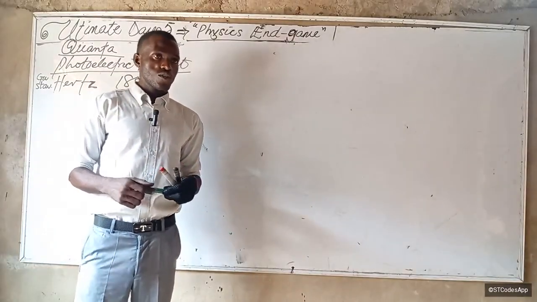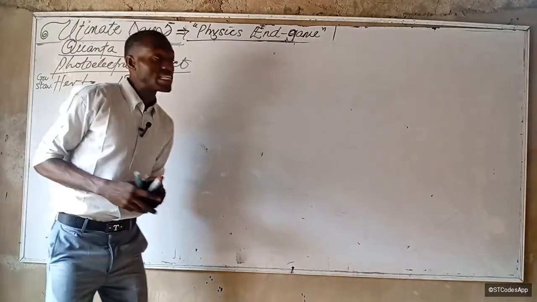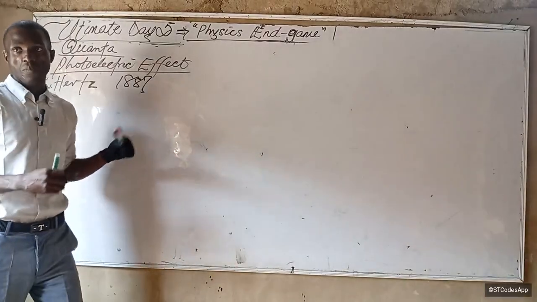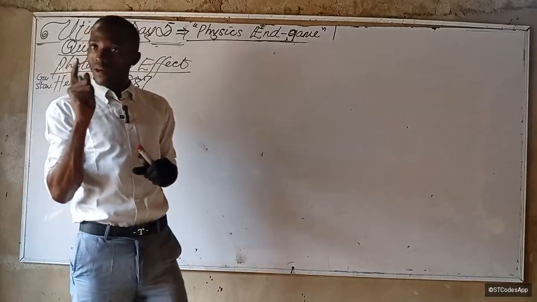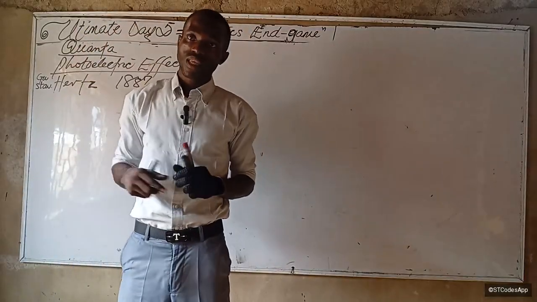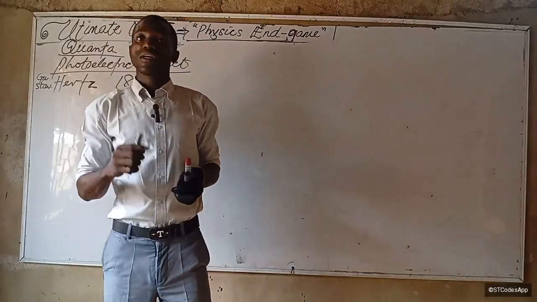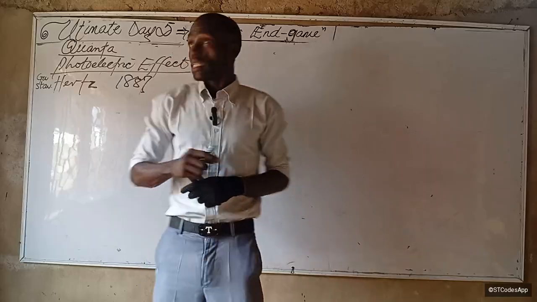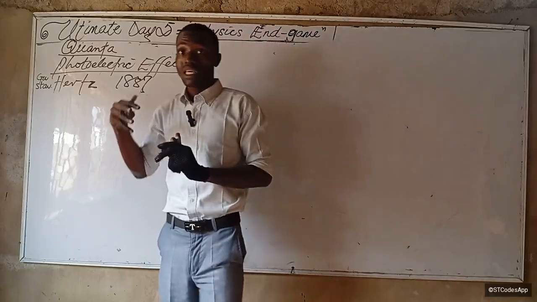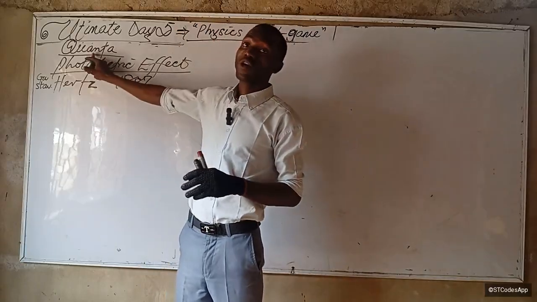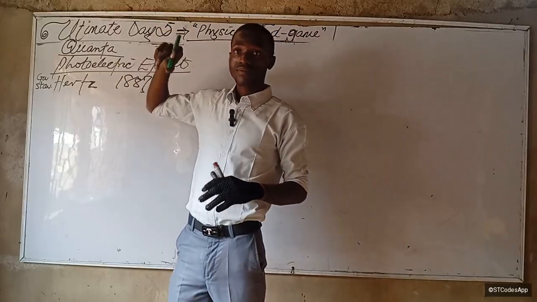Now why is this phenomenon very, very important? It's important because there was something about the emission of those electrons. This scenario brought about a different field called quantum physics. Is that okay?